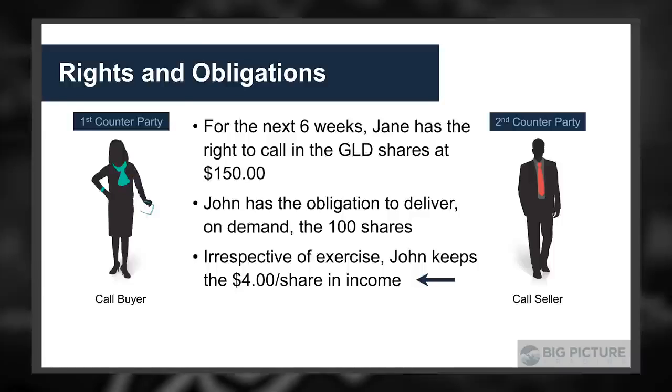John gets to keep the $4 per share. That's a guaranteed income, a premium paid to him for undertaking that. Irrespective of whether GLD goes down and Jane walks away from the contract, never exercising, or whether GLD goes up and he is forced to sell the shares, the $400 is guaranteed income to him.